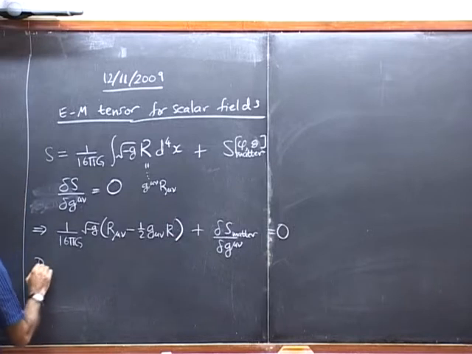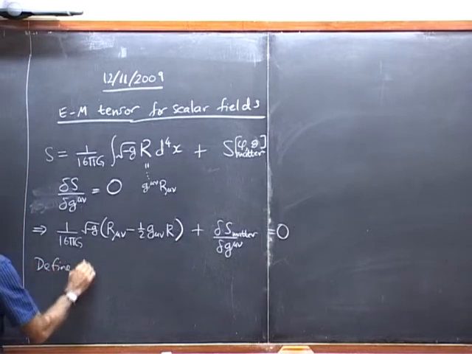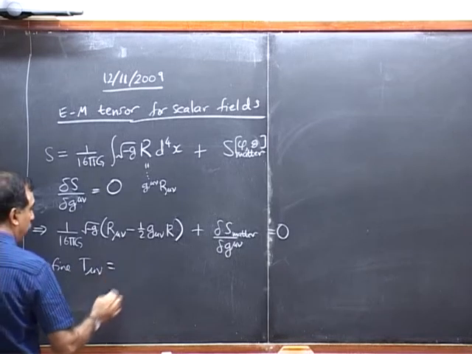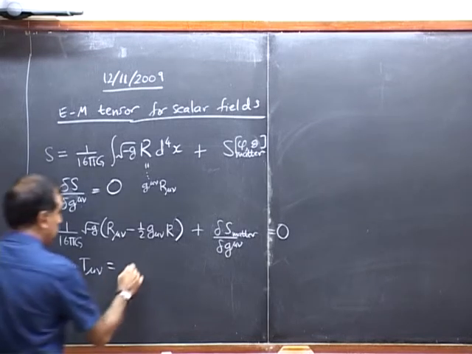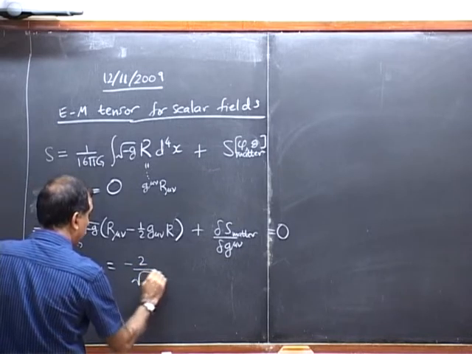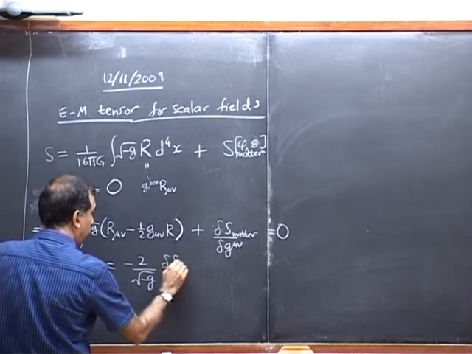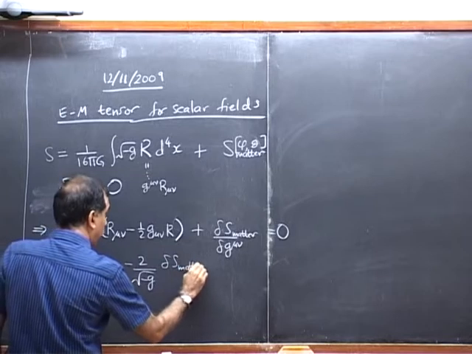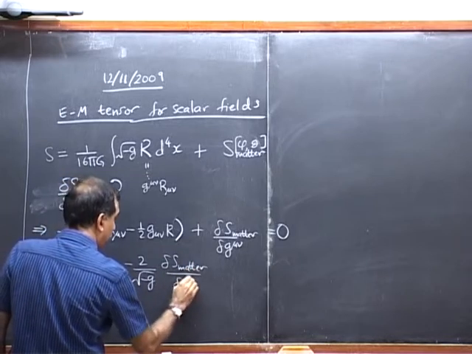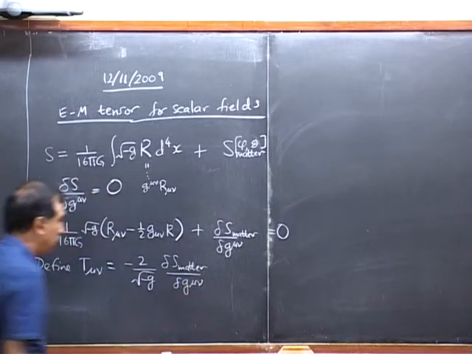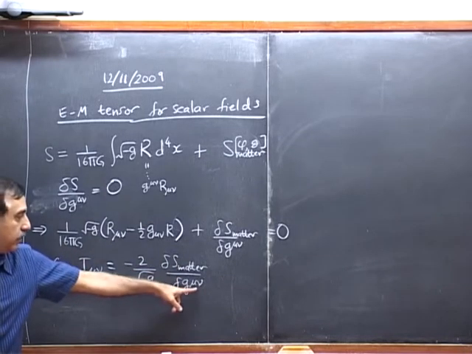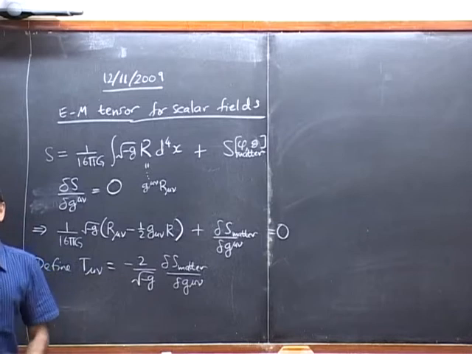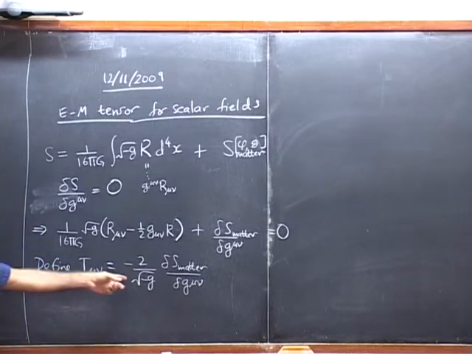But now we define T_{mu nu}, the energy momentum tensor, to be minus 2 over root minus g, delta S matter by delta g^{mu nu}. Some people define T upper mu nu in terms of this differentiated in g lower mu nu, that has a sign difference with respect to this, unfortunately.